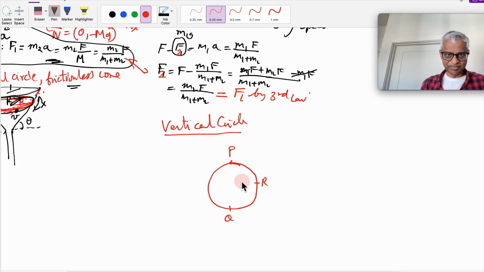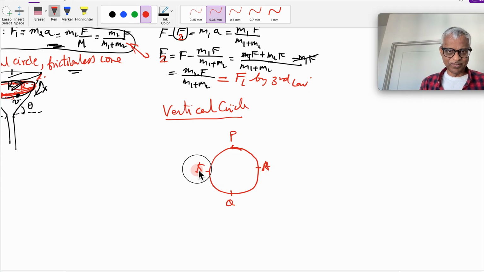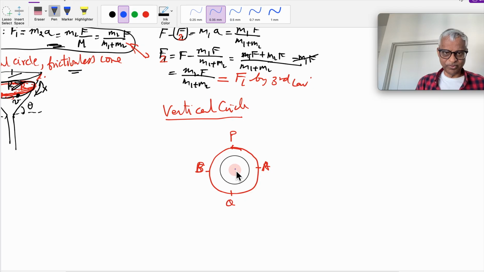I don't know why it's R and S like that. This is a little bit stupid. Let's call it A and B, because we can use the letter R for radius R.